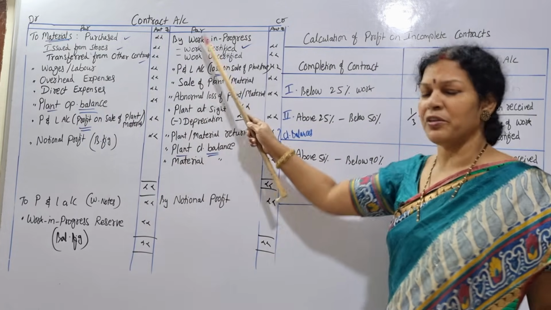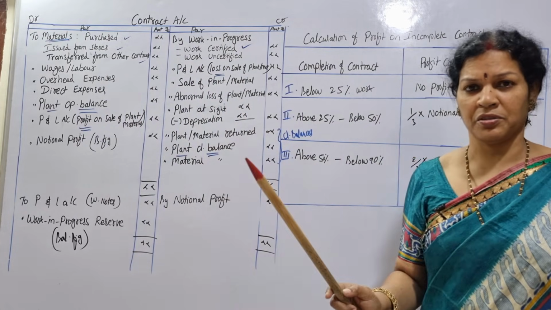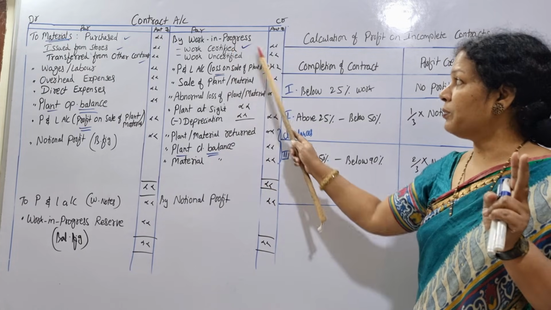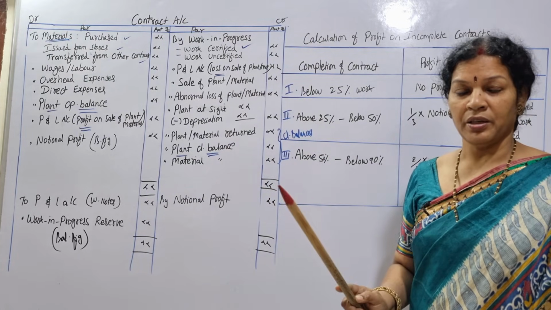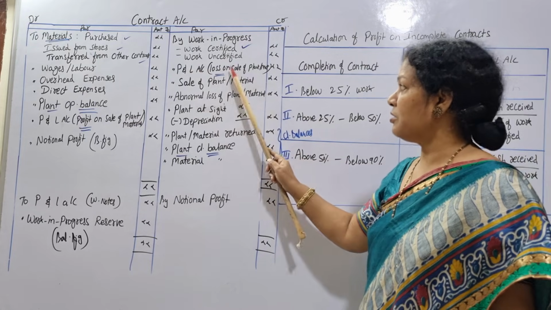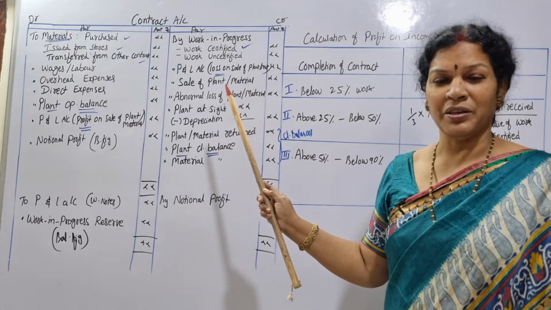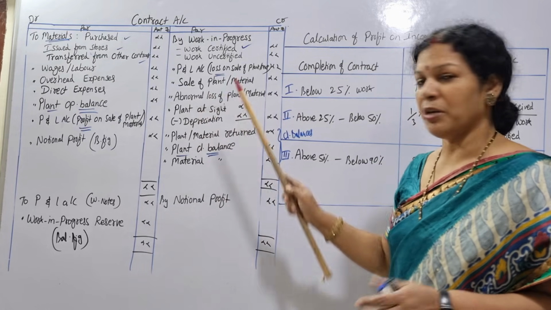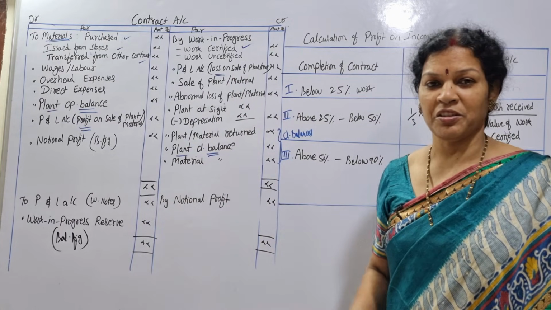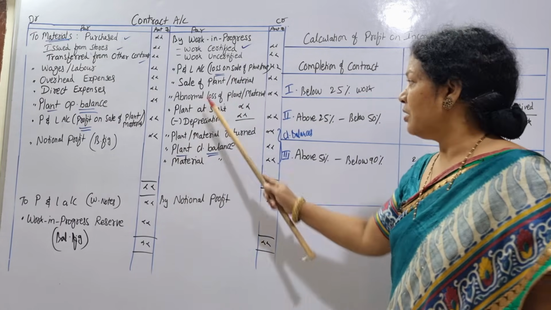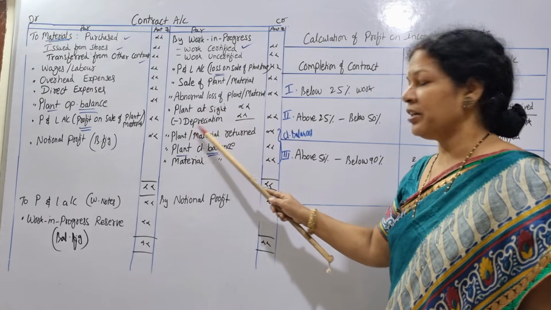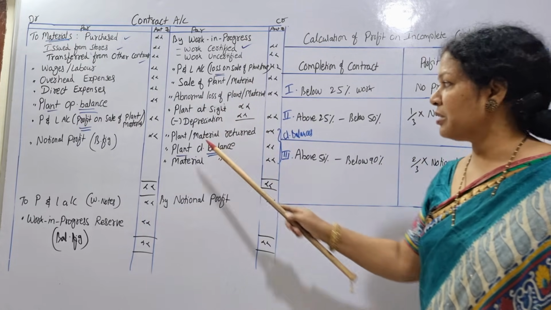Credit side, what do you write? First, work in progress, certified and uncertified. Both we have to write according to the calculations. Then sales: whenever you are selling it is credit side, purchases debit. Abnormal loss, which we also write in the consignment account, credit side: abnormal loss of plant or abnormal loss on material. On the plant side, if depreciation is given, that is to be deducted.